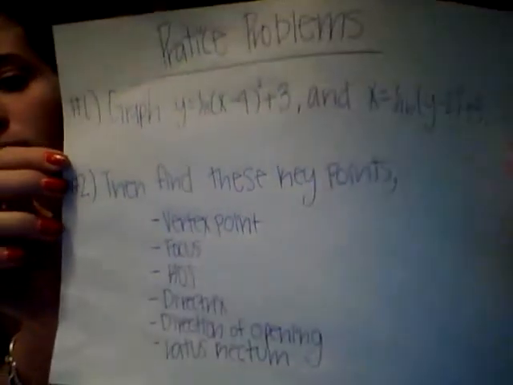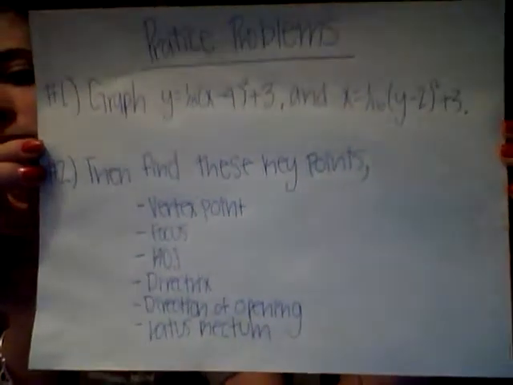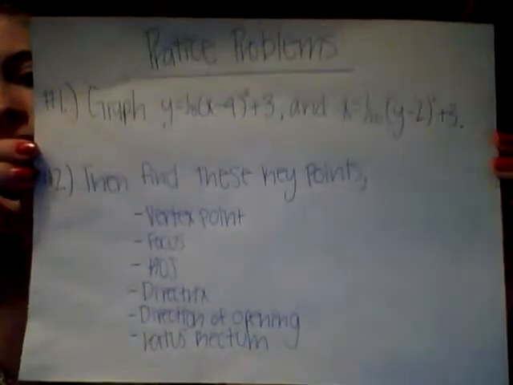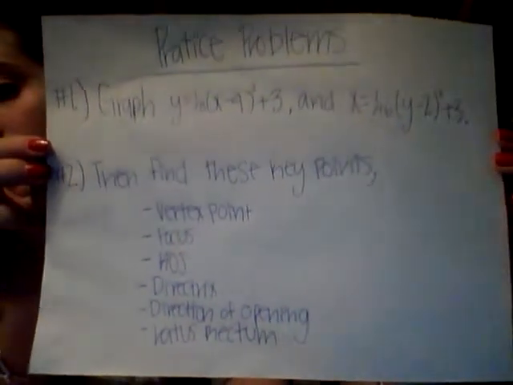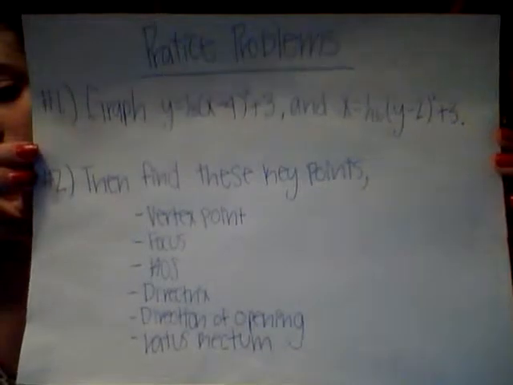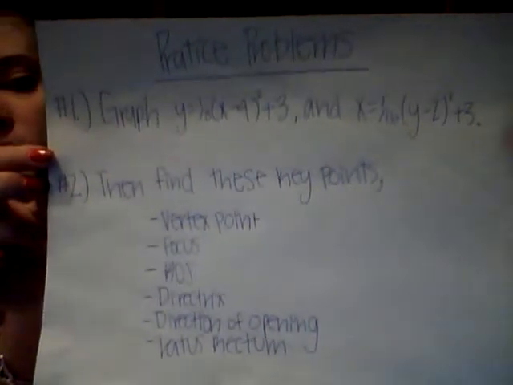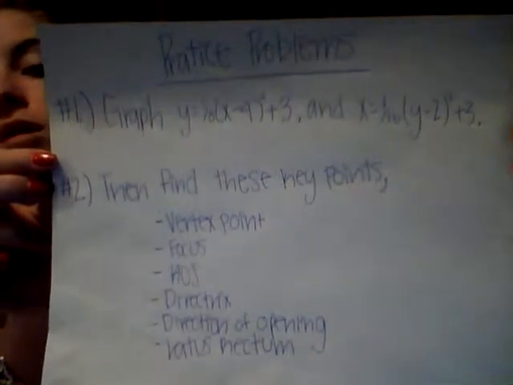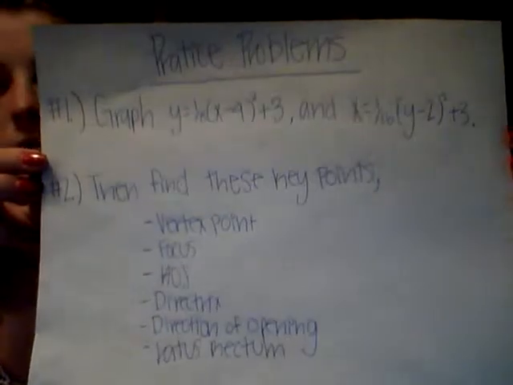And then we would like you to find these key points: the vertex point, the focus, the axis of symmetry, the directrix equation, the direction that it opens in, and the latus rectum width. So you can go ahead and take some time to do that. Just pause the video if you need more time.